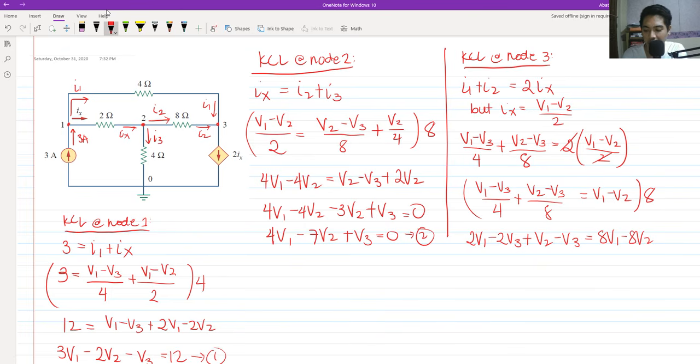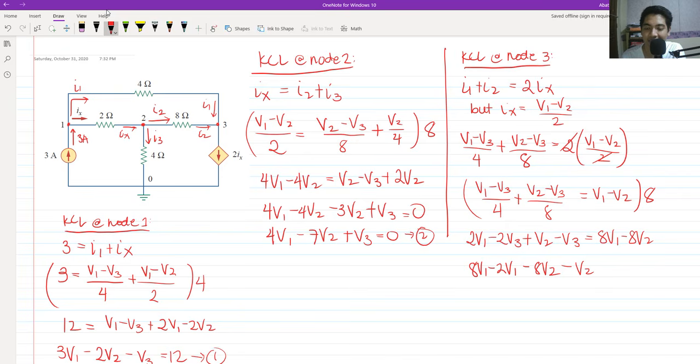If we are going to rearrange this, we have 8V1, and then transpose 2V1, so we have negative 2V1. I write this first because we have a V1 here. So 8 minus 2V1, and then we have minus 8V sub 2. Transpose this, it becomes negative V2, and then we have negative 2V3 minus V3.